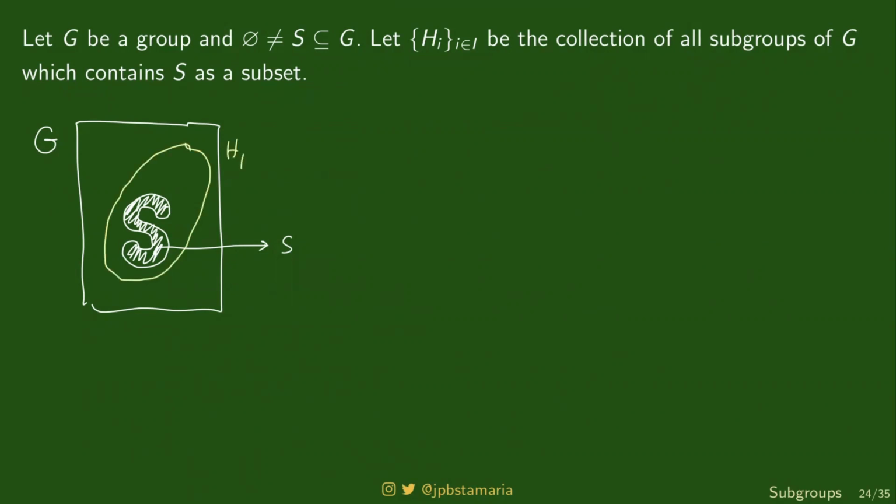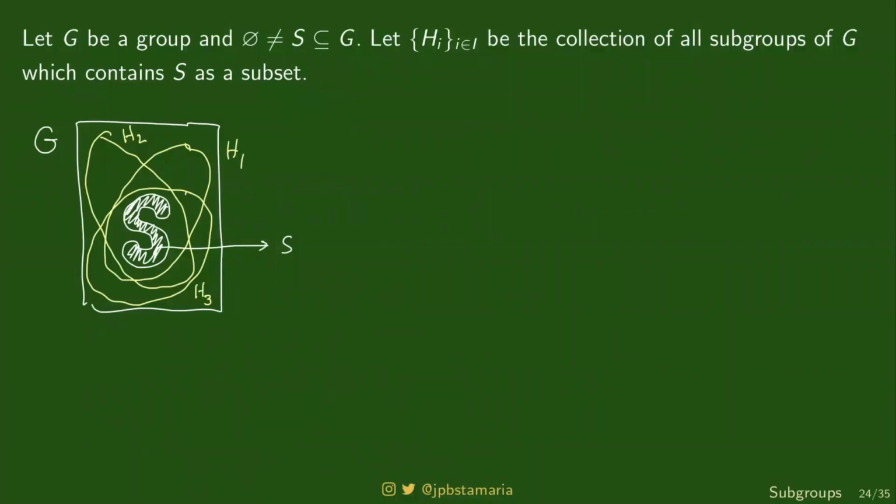There may be another subgroup that will contain S as a subset. There may be another subgroup H3 that contains S. Do you understand anong gagawin natin sa collection na to? So yung collection mo, kunwari, 3 lang. Yung subgroups na nagko-contain kay S. Titignan natin yung 3 yan.